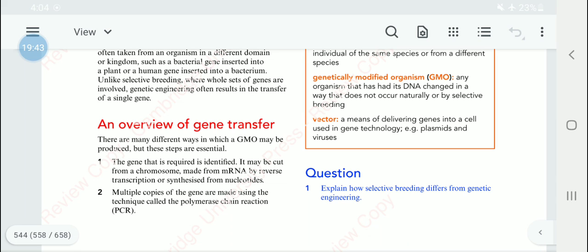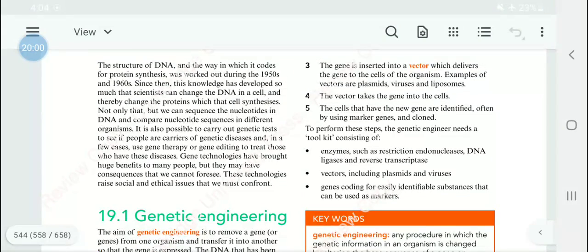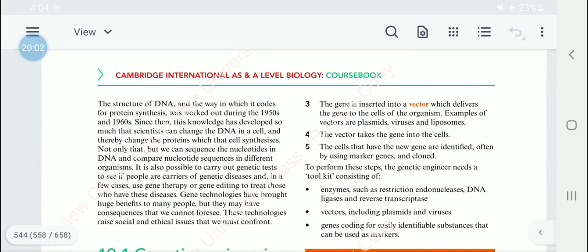Number 2, producing multiple copies of the gene using polymerase chain reaction, PCR. Number 3, inserting the gene using a vector to deliver the gene to the cells of the organism.